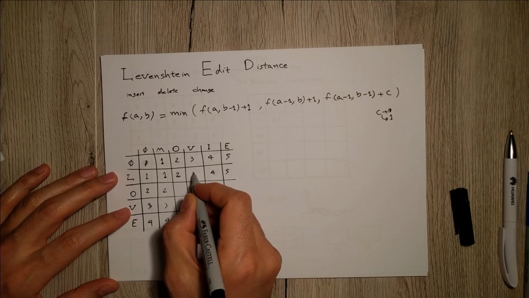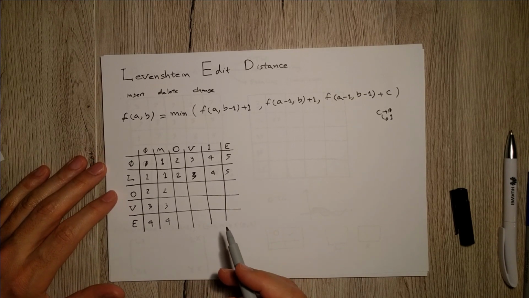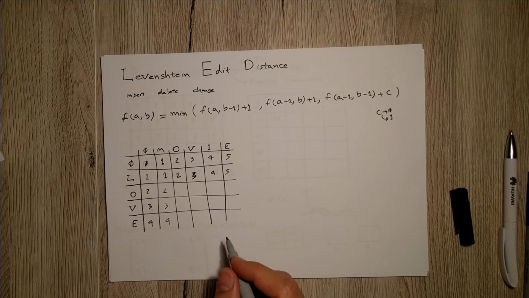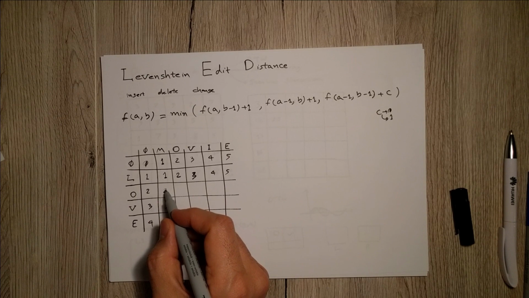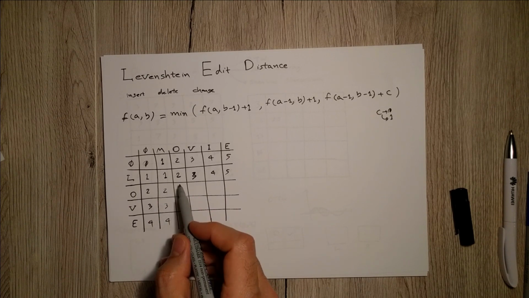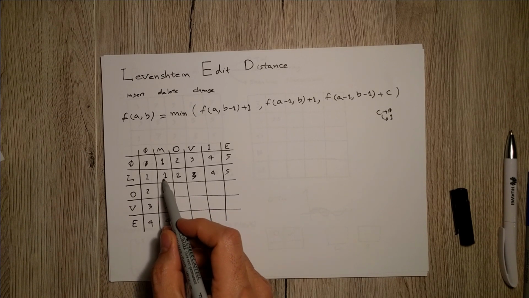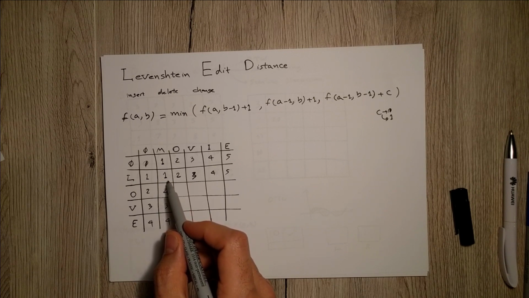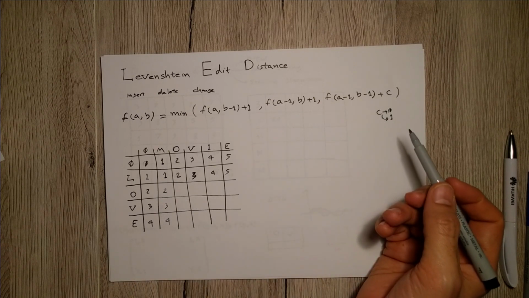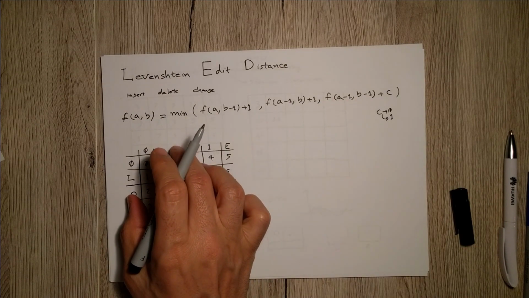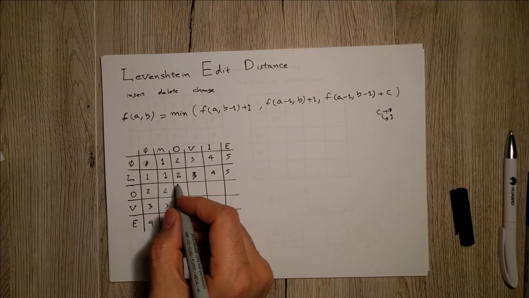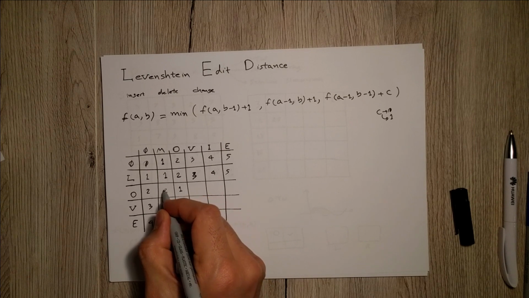Sorry, it's going to be 3. Okay, so comparing the value, the minimum of 2, 2, and 1 is 1, plus the cost of c, which is the change, which is 0 in this case, because both of them lead to O. So it's going to be 1.